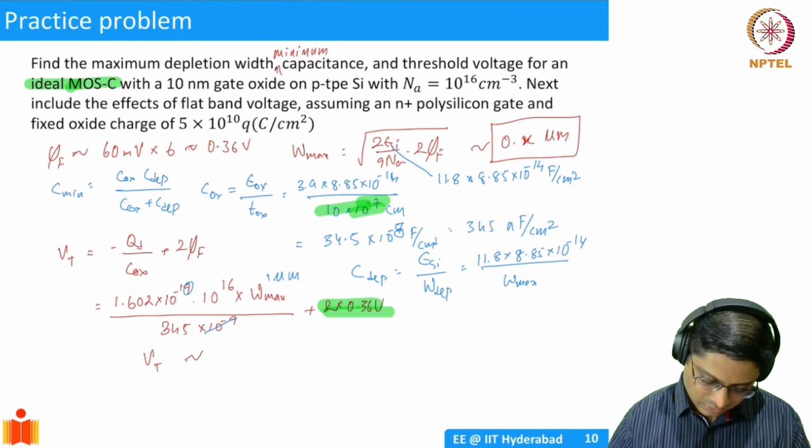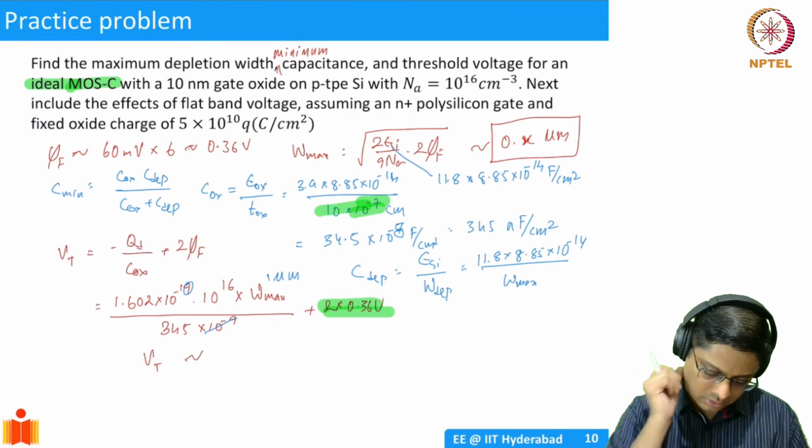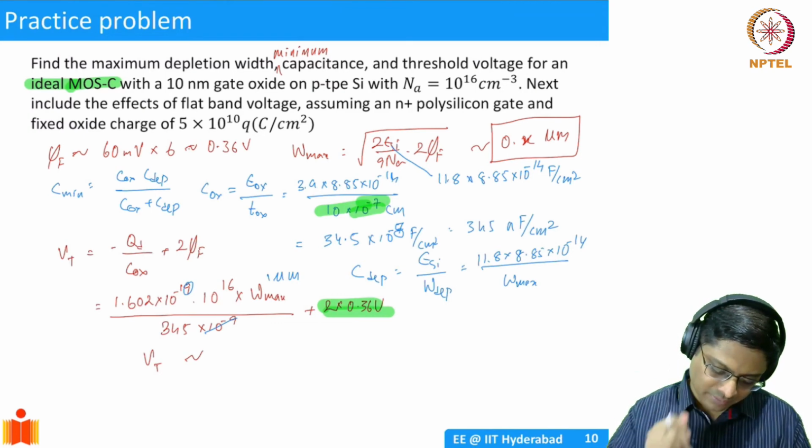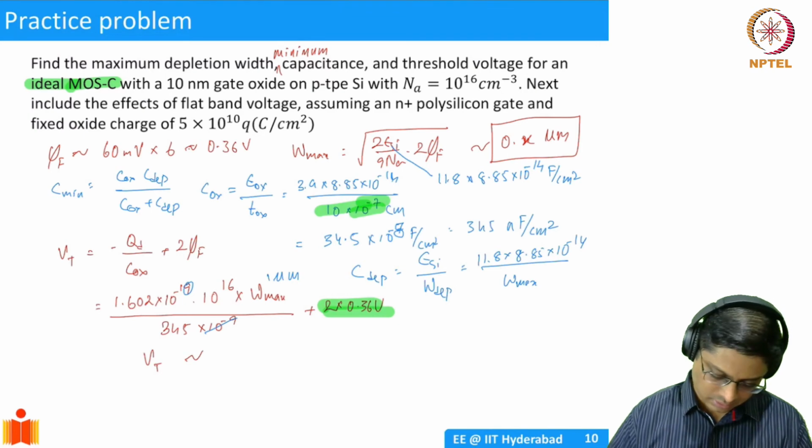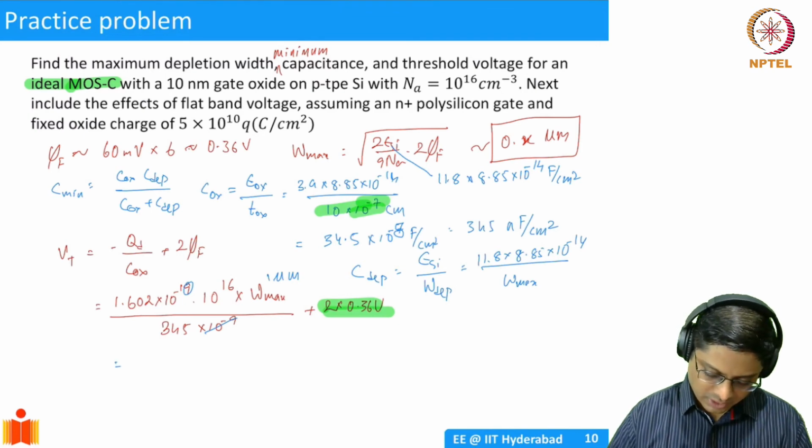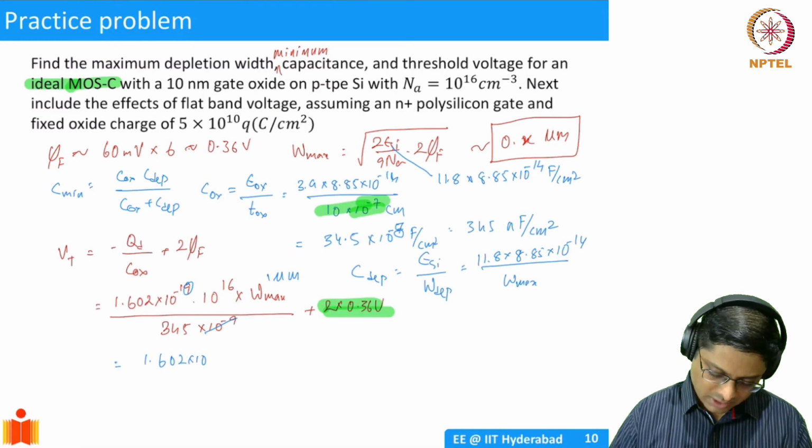So that's micron. What are we missing? Anything we are missing here? So 1.6. This will be 1.602 into 10 power minus 10.